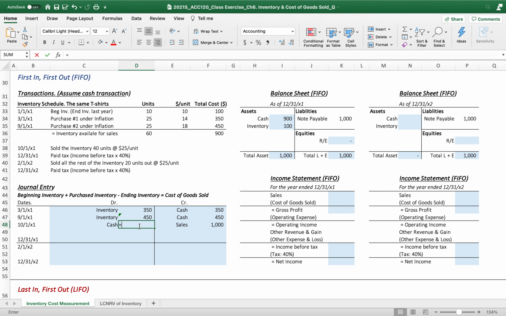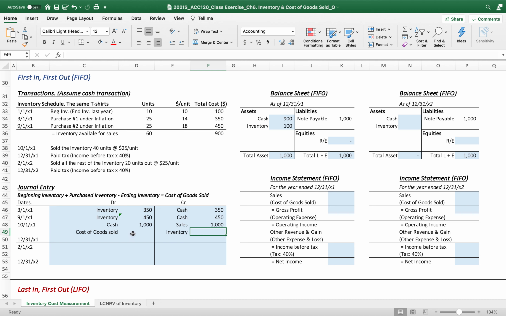Then cash in. Then based on the matching principle, we should record the cost of goods sold, right? The COGS, the cost of goods sold. Then inventory out.